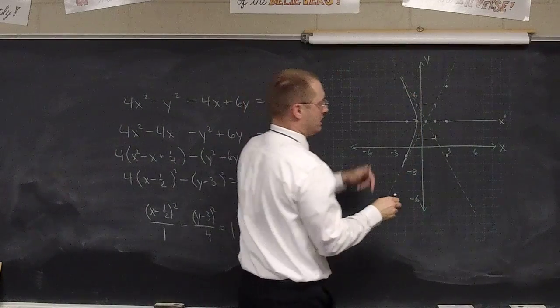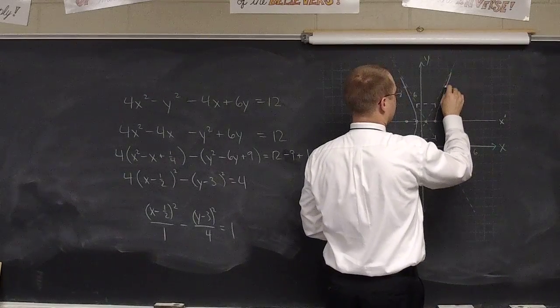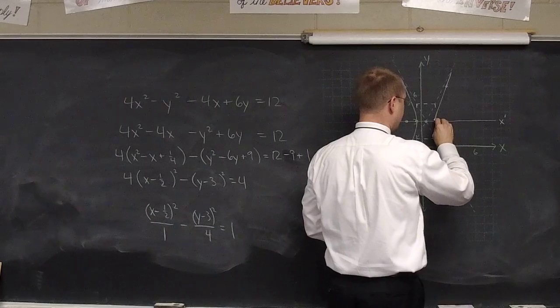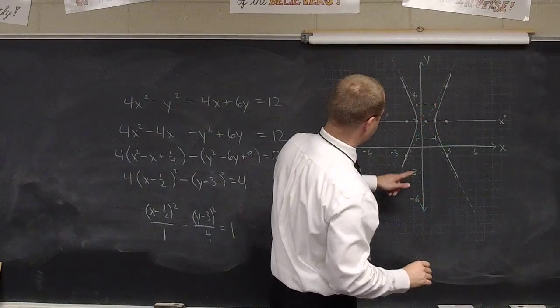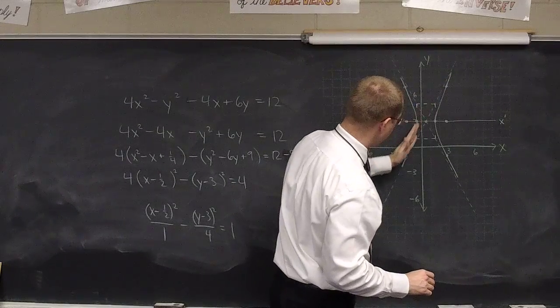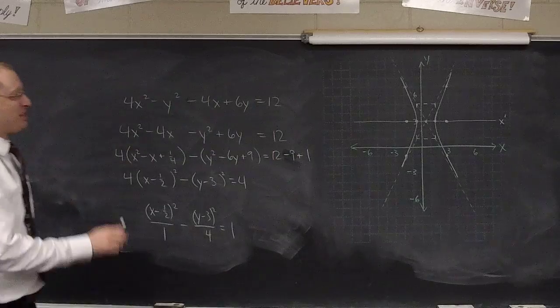Here I was able to do it, and then stop just short of that one. So again, if this is graded, tweak that asymptote line just a little bit there. But you should have had something like that.